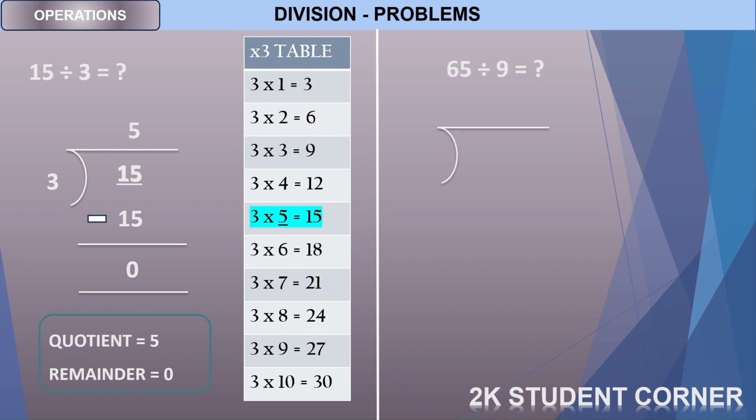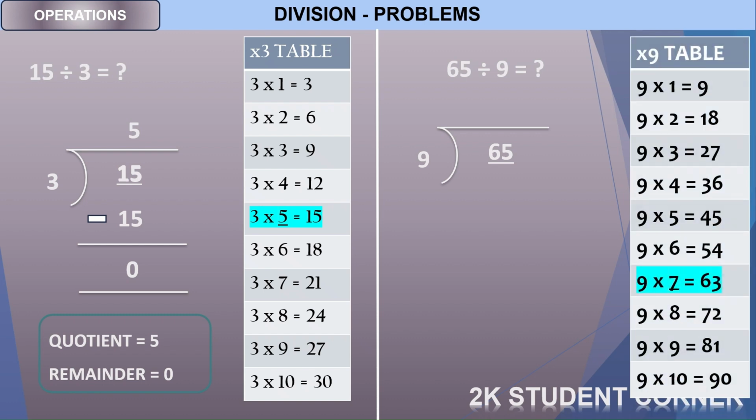Problem 2. 65 divided by 9. 65, dividend, place inside. 9, divisor, place outside. The first number is 6. Since 6 is less than 9 and dividend should be greater than divisor, include the next number together and check. Now 65 is greater than 9. 9 times table. 9 times 7 is equal to 63. 9 times 8 is equal to 72.